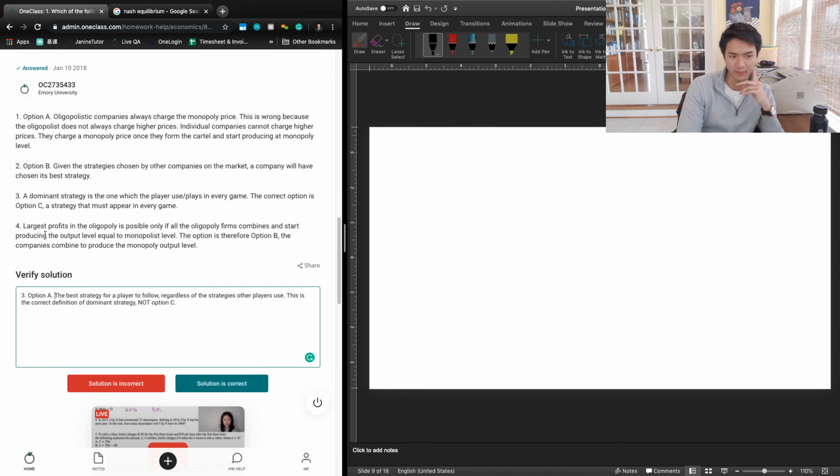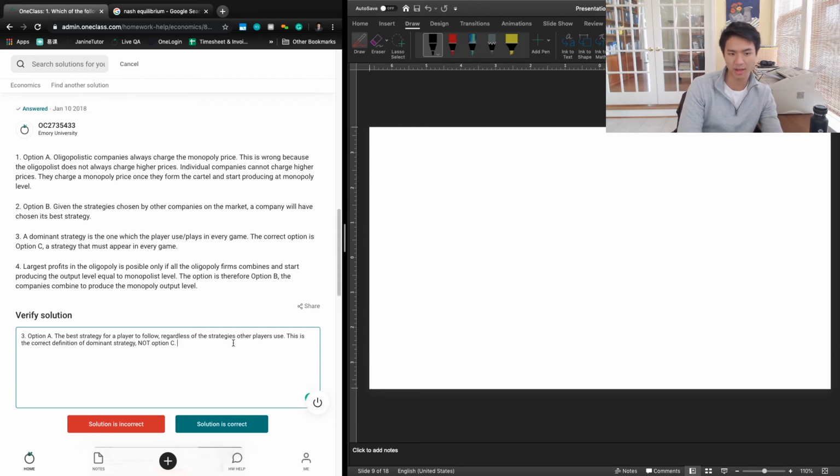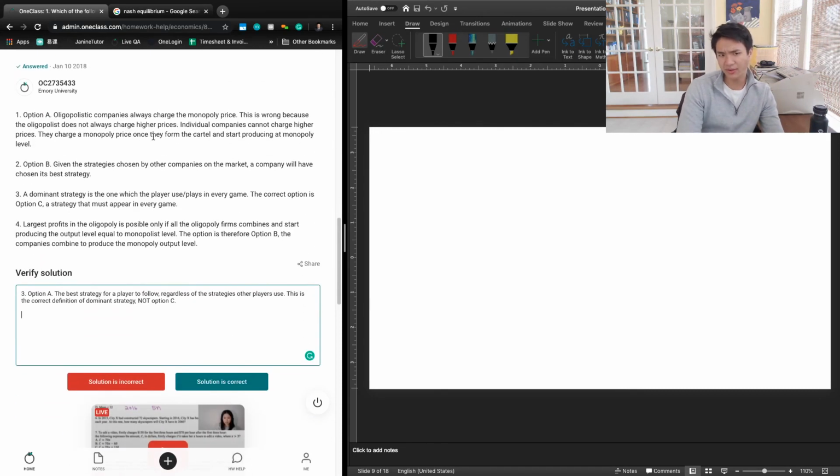And finally, 4, larger profits in the oligopoly is possible only if all the oligopoly firms combine and start producing the output level at the monopolist level. The option is therefore option B, the companies combine to produce the monopoly output level. So good. I think the previous tutor is making this note that individual companies cannot charge higher prices. That's not true. Oligopolies will charge higher prices, just they won't charge as high as a monopoly would charge.